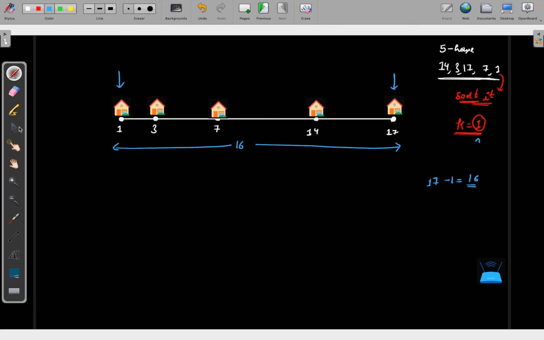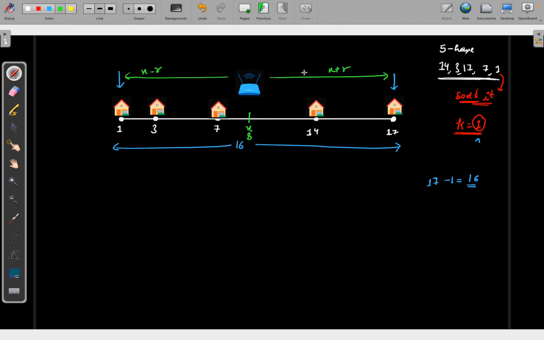What I will do is simply locate one router at the middle of it. Suppose I am adding my Wi-Fi router at X. Again, this will be the range X plus R, and this will be the range X minus R. So I will add it at the middle.